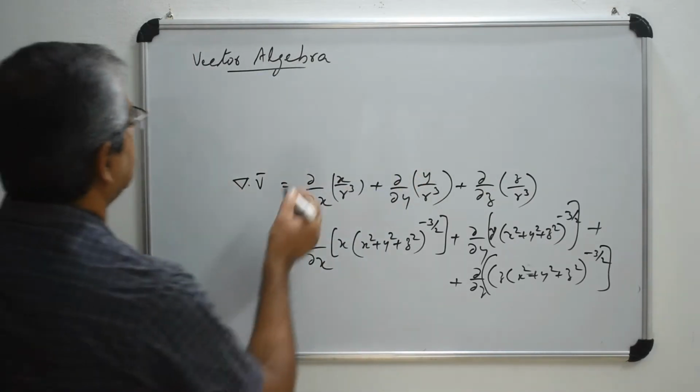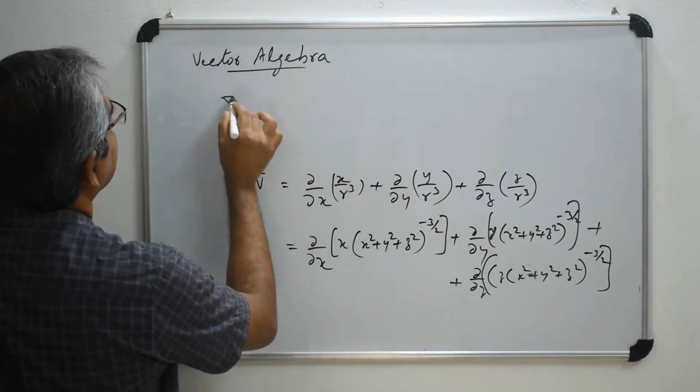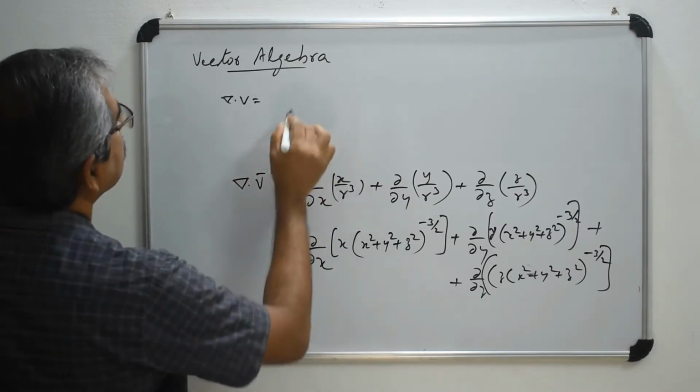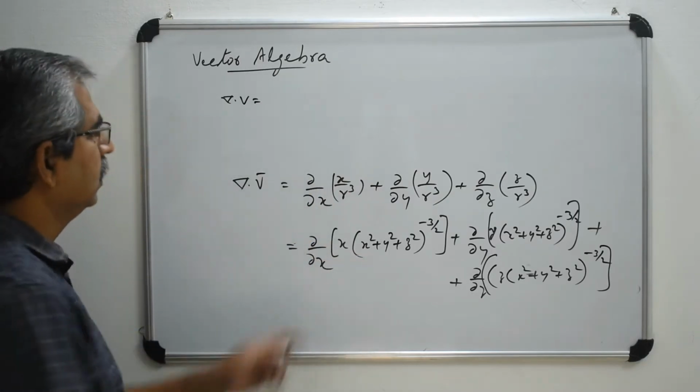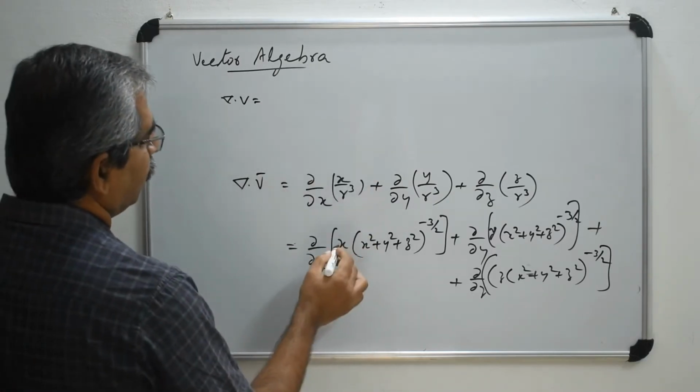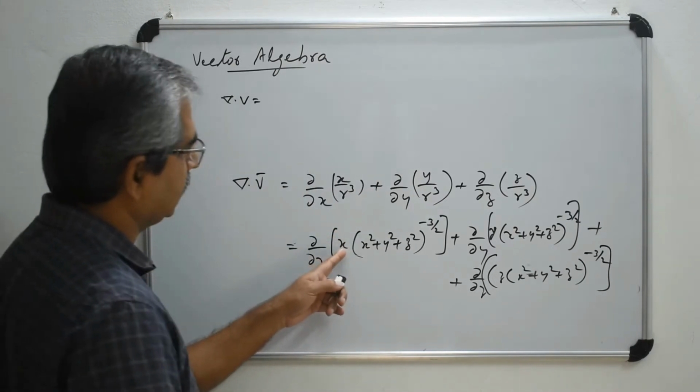First one, del dot v is equal to dou by dou x of x by r cube, this one. Okay, so suppose x is there.